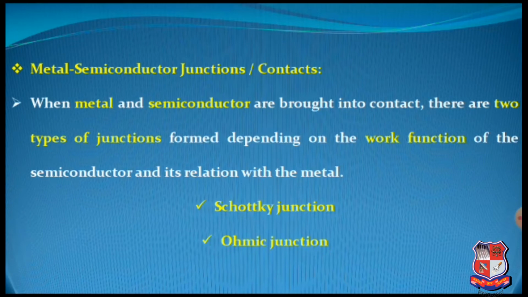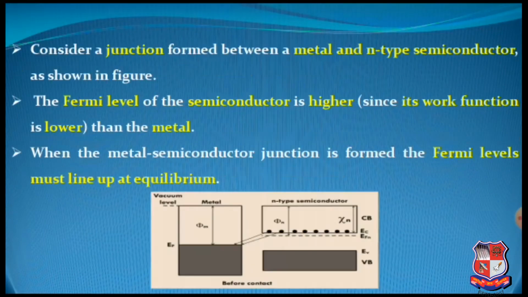So when you consider silicon or germanium semiconductors brought into contact with conductors or metals like copper and aluminum, the two possible metal semiconductor junctions available are, number one, the Schottky junction, and number two, the ohmic junction.